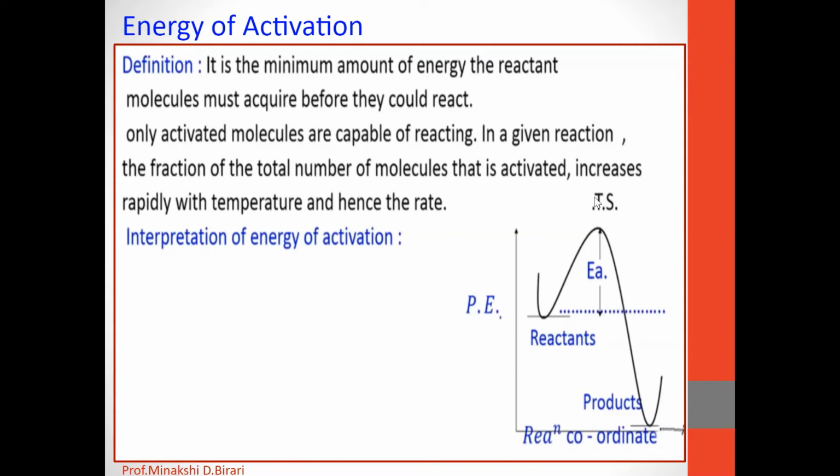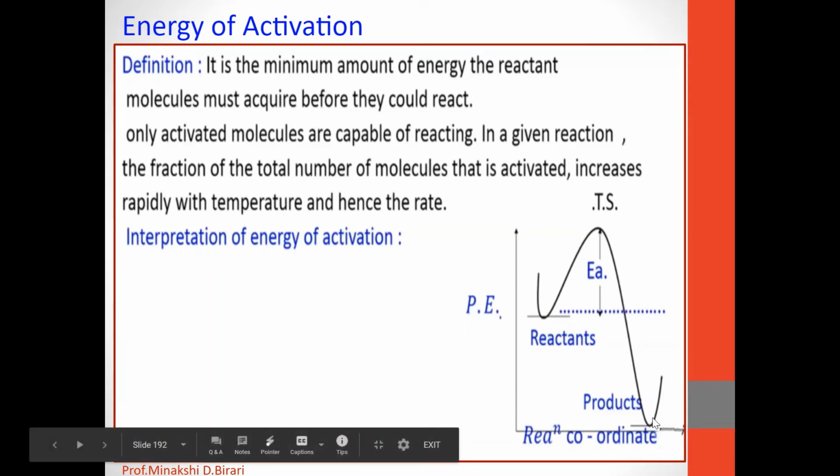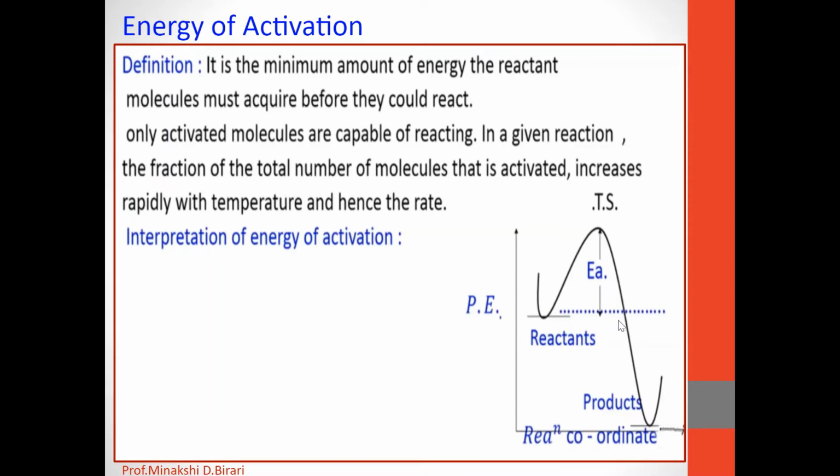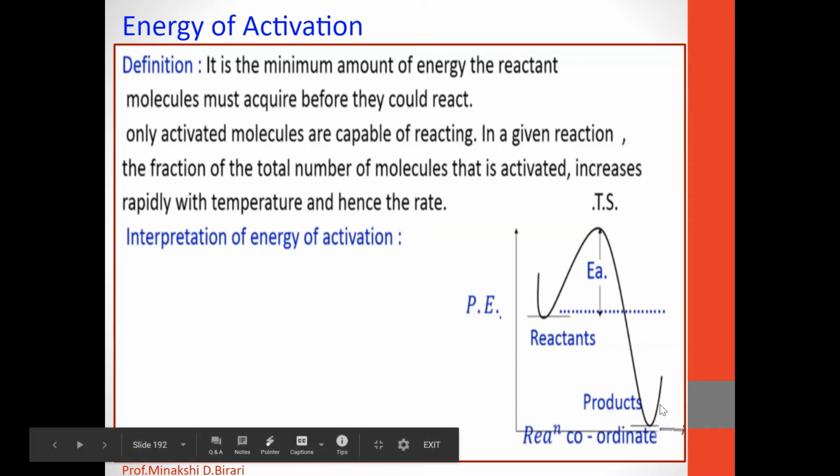The fraction of activated molecules increases rapidly with temperature and hence the rate also increases, and those activated molecules which are capable of reacting are converted to the products. So here is the graph of potential energy versus reaction coordinate. Reactants, by acquiring the minimum amount of energy, are converted into products.